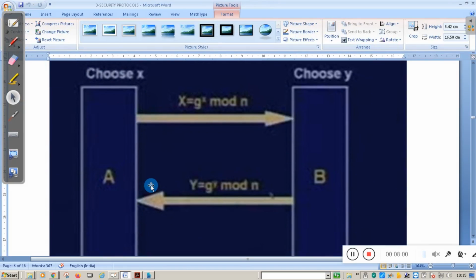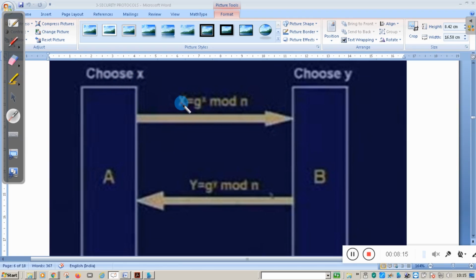Now you see here, this is the flow. Here both user A and user B are there. User A chooses X, and first they will choose G and N, right? That we know.